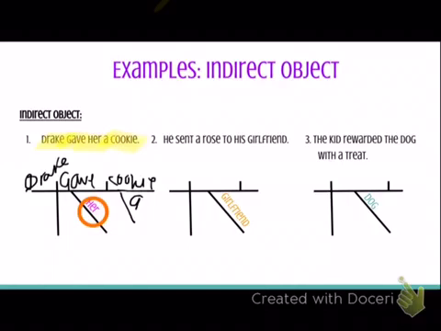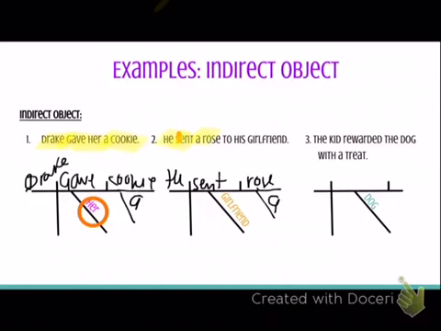Her. Next, he sent a rose to his girlfriend. What's the verb? Sent. What's the subject? Who sent? He. What was sent? A rose. That's a direct object. Rose. Extend the line.